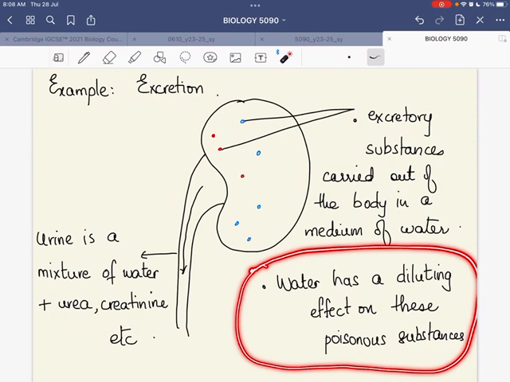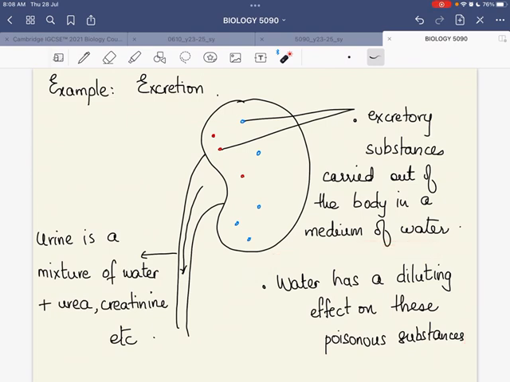So another very important use of water in our body is to help in the excretion, or in other words the removal or the elimination of these toxic substances from your body by dissolving them and by providing a medium to them.